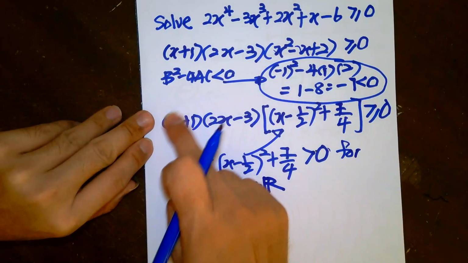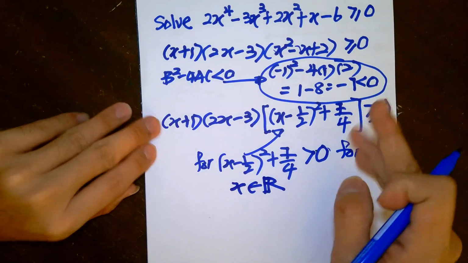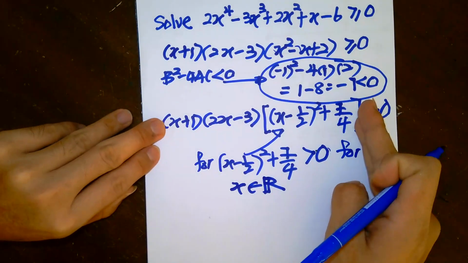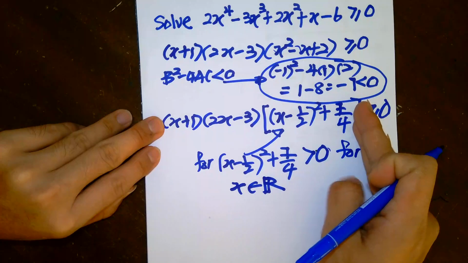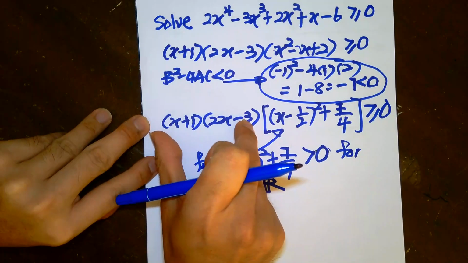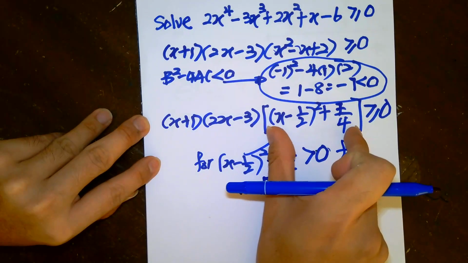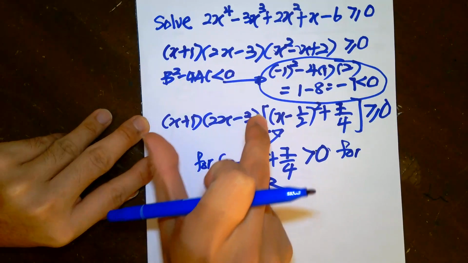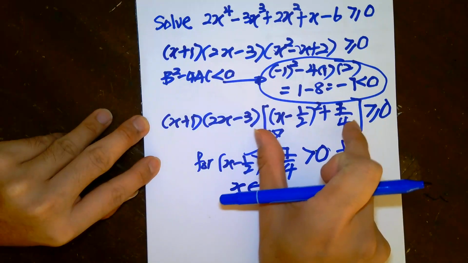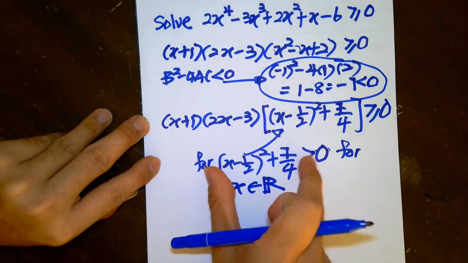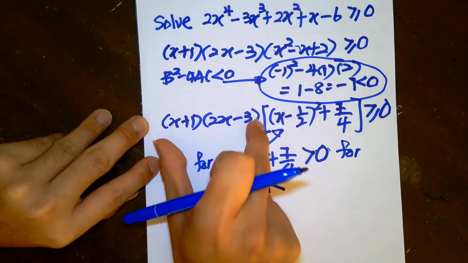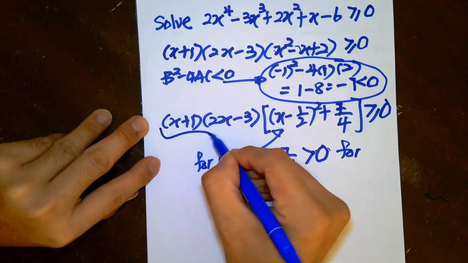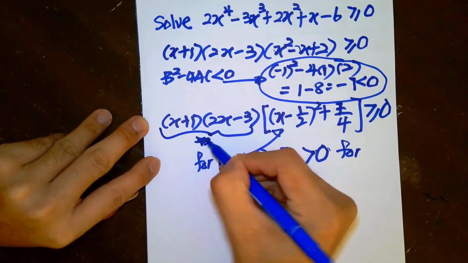So in order for everything here to be positive, this part has to be positive also. This one is always positive, but this may be negative or positive. So now we just consider this factor here.